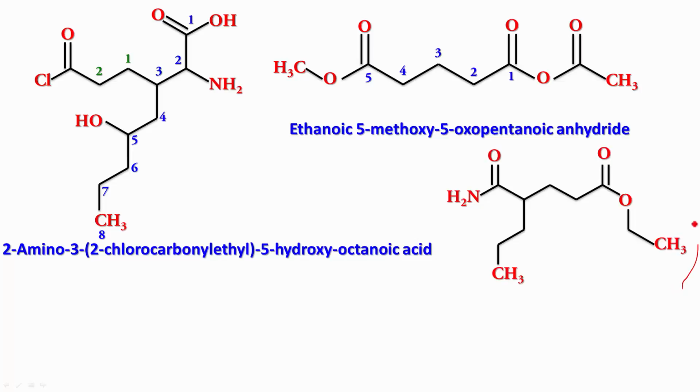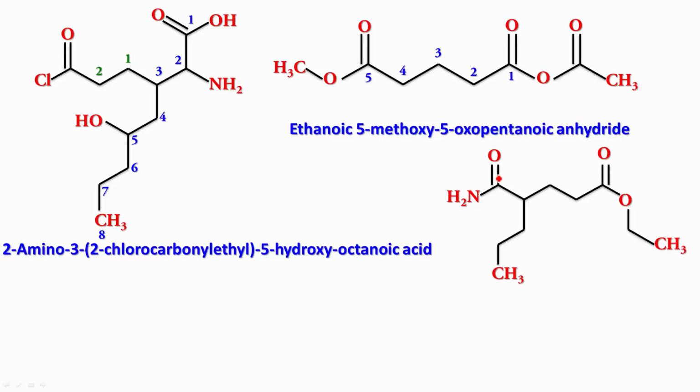I got an ester, I got an amide. And we know that ester is a superior functional group over amide. And what do we call this as prefix? It's called carbamoyl and it includes this carbon.